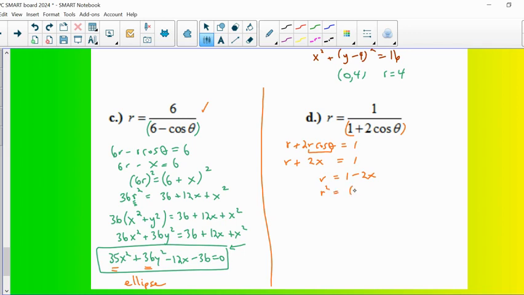And I get 1. Oh, actually, I can just do that. Sorry about that. We can multiply. So that was 1 minus 2x. Okay, so that's r squared is equal to 1 minus 4x plus 4x squared. And of course, we knew r squared was x squared plus y squared.